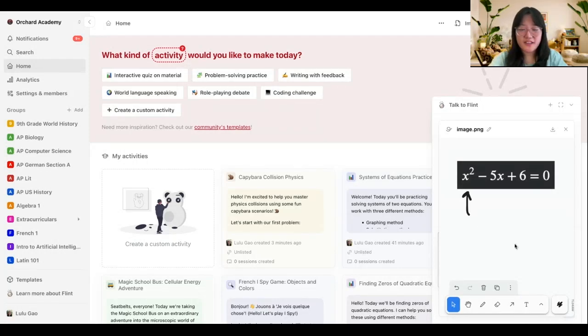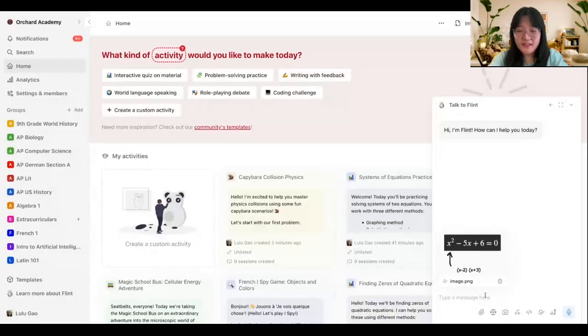So let's say I'm trying it and I get it wrong. Then I can ask for help on very specific problems, like I am stuck.